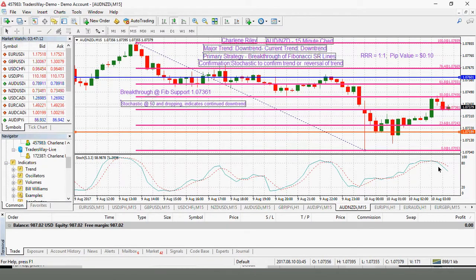But the stochastic is leading me to believe that the market is going to go back down. So those are my trade setups, and now I'm waiting for the action and the confirmation so that I can enter into a trade.